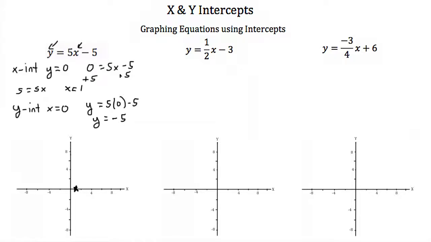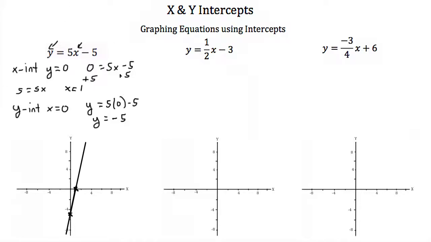So we go to our y-axis, because remember x is 0, and we go to negative 5 on our y-axis, and we put another point. Now, to draw the linear equation, you just connect these two dots, and you have your graph.